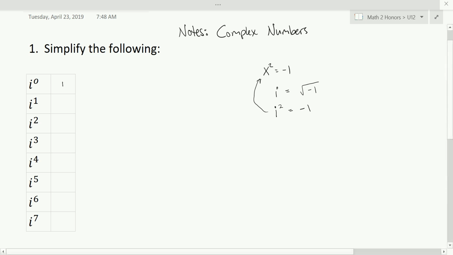Anything to the power of 0 is equal to 1. Anything to the power of 1 is equal to itself, so i to the power of 1 would be i. We just said what i squared is. -1. We wrote it over here. i squared equals -1.